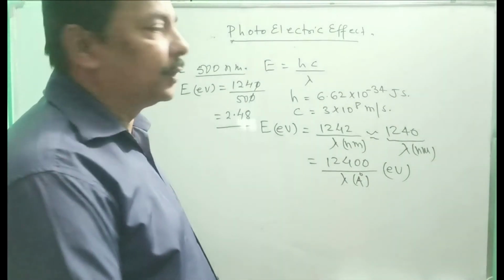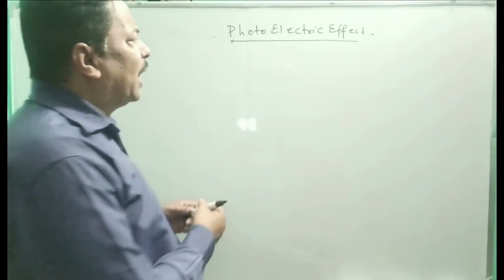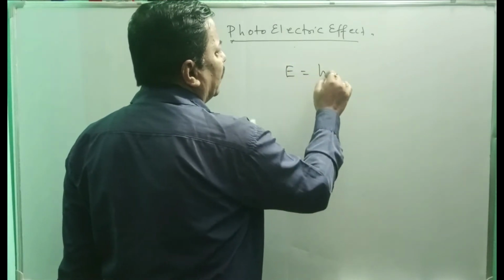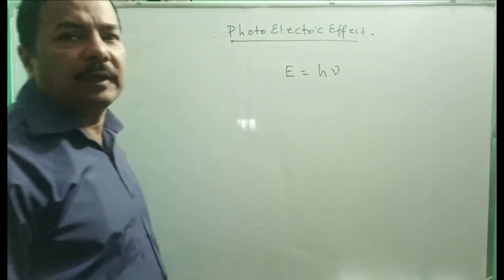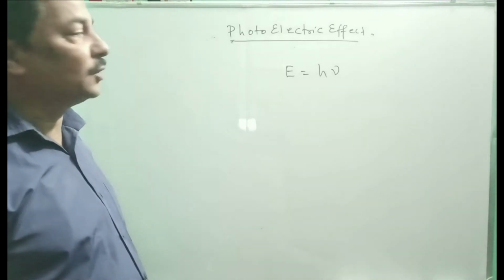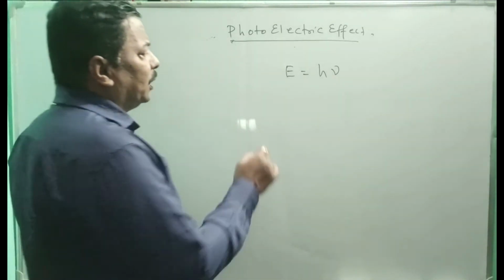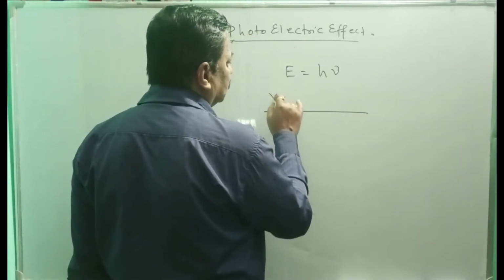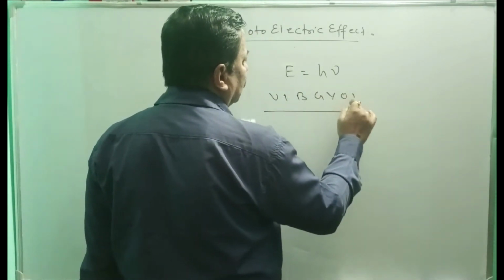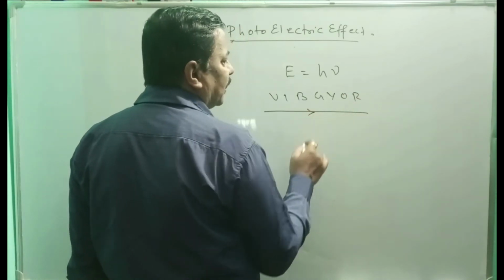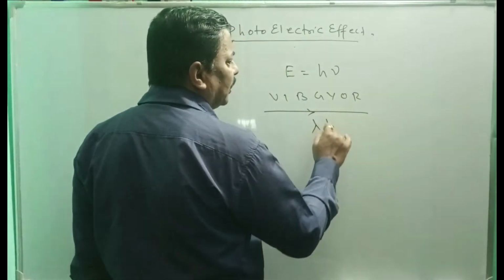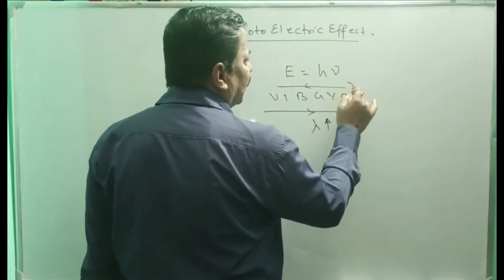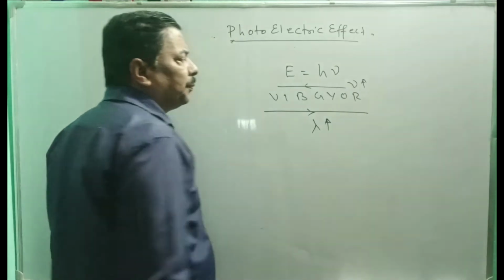Just now we have seen E = h nu: the energy of a photon is h times the frequency. Now if you see the visual, in this direction wavelength increases, and in this direction frequency increases.